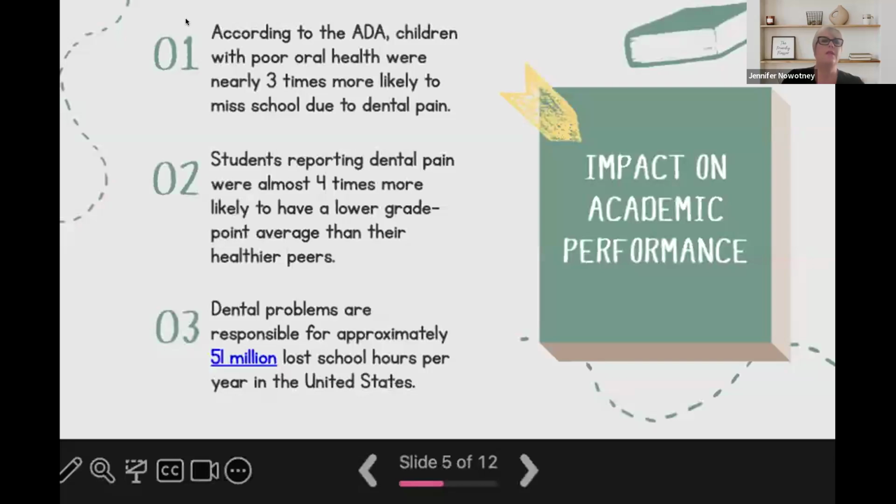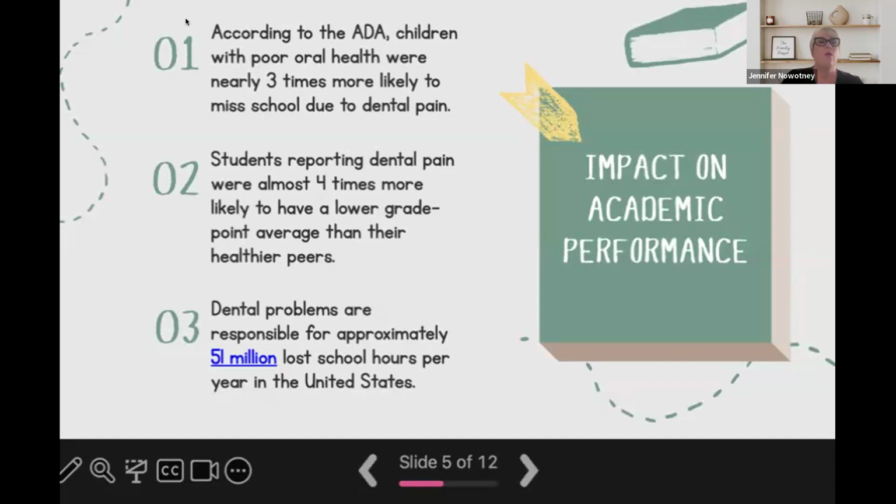So how does poor oral health impact our academic performance? Poor oral health has a direct impact on chronic absenteeism in schools, and it creates a significant barrier to academic success. According to the ADA, children with poor oral health were 3 times more likely to miss school due to dental pain.